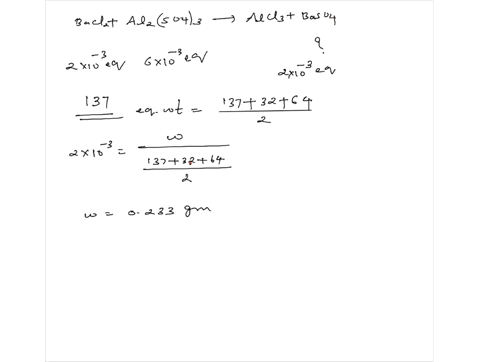That's the mass, divided by X. X is the total charge on cation or anion. Cation will be convenient, barium plus 2. Divide by 2, this whole thing is the equivalent weight of barium sulfate. So gram weight upon equivalent weight is equal to equivalents formed. Solve for W and see if you are getting 0.233 grams or not. Any questions? Let me know.